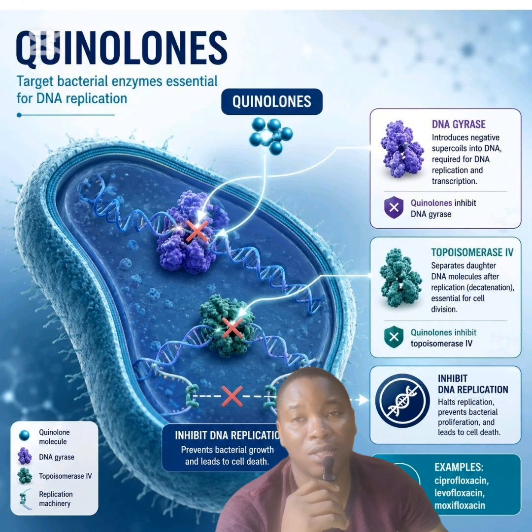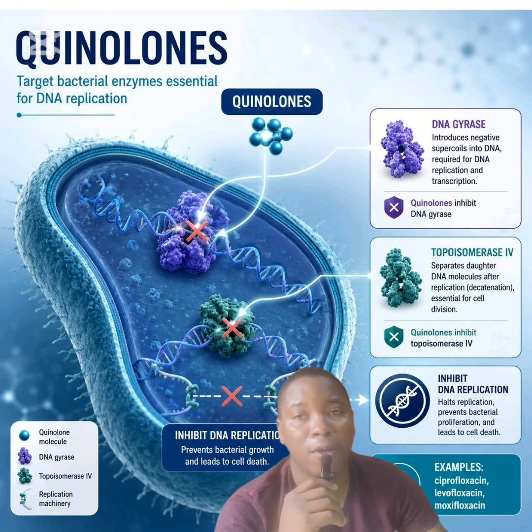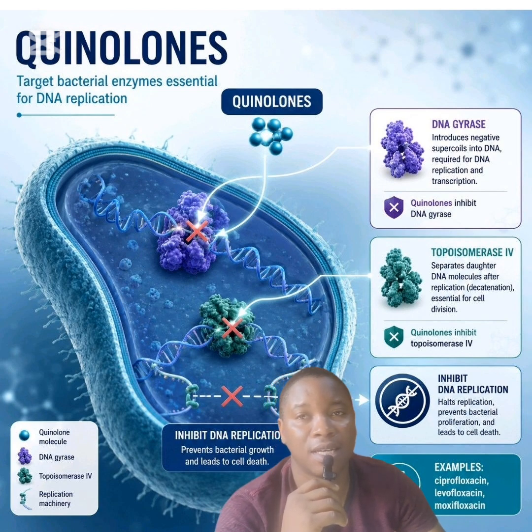For the organism to synthesize new DNA, it needs to go through a process of DNA replication. In the process of DNA replication, there are quite a number of enzymes that mediate this process. You have DNA gyrase, you have topoisomerase, you have DNA helicase, so many enzymes like that.